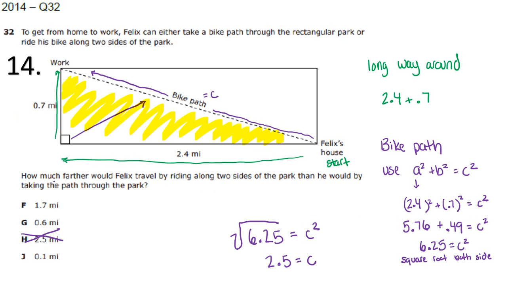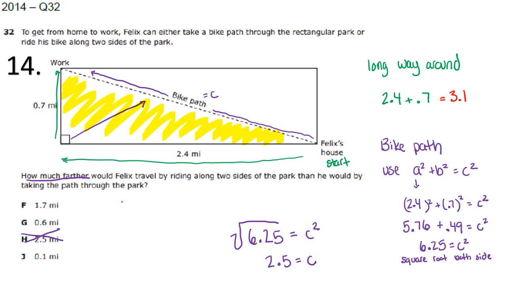Because if you read this, it says how much further would he travel? To figure out how much further, that means we have to subtract. So we have to figure out what our long way around was, which I didn't finish up there. I should have. Maybe you finished it. It's 3.1.